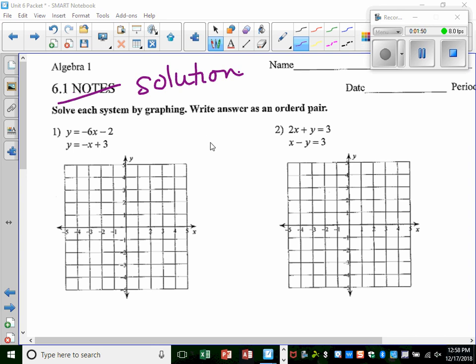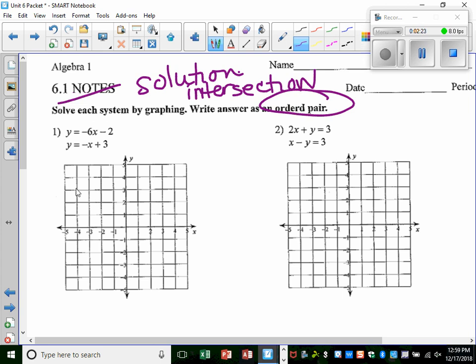Basically it means that you are finding the intersection. Write that down, because you have to know what solve the system means. It means you're looking for the intersection of the 2 lines. So where are these 2 lines intersecting on this coordinate plane? Then you read it and write your answer as an ordered pair. So your solution would be the coordinate where these 2 lines meet.